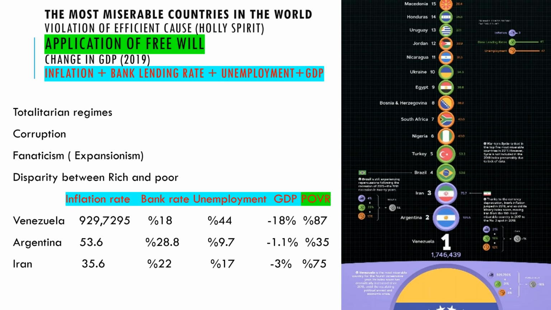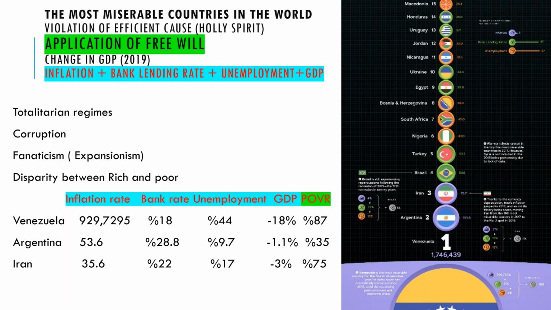Now, the second one is Argentina. Ironically, the statistics I picked up are published by governments that are corrupt themselves, so the actual picture is a lot worse than what they admit. So look at Iran. Inflation rate is 35%, bank rate is 22%, unemployment is 17%.